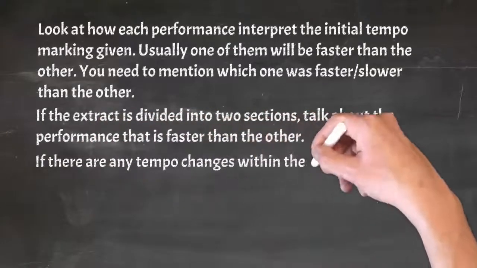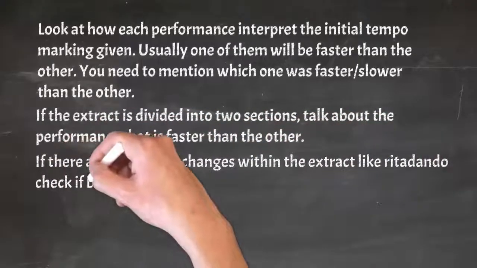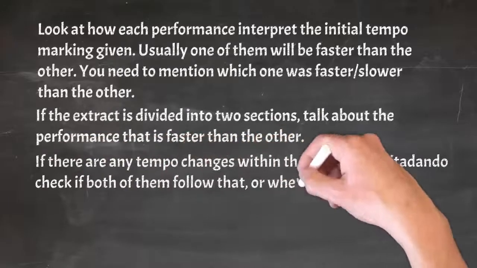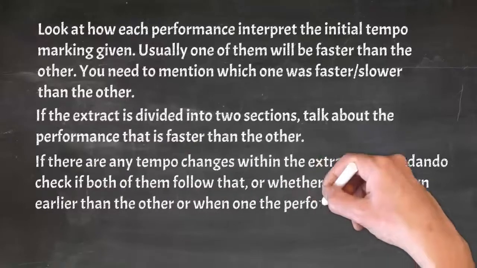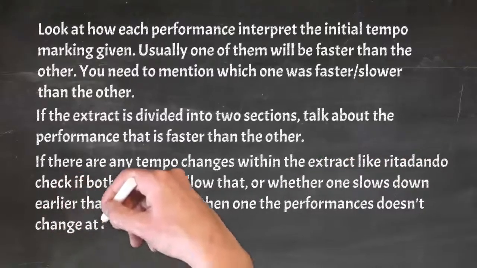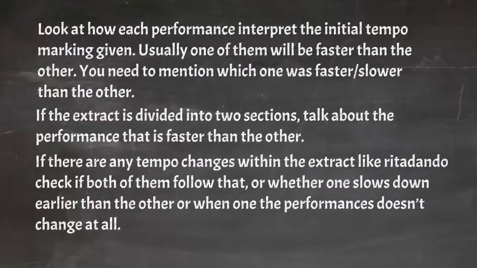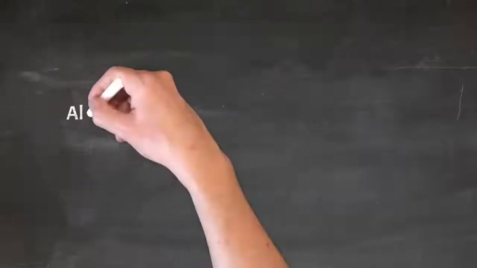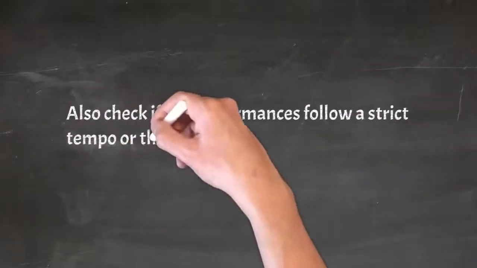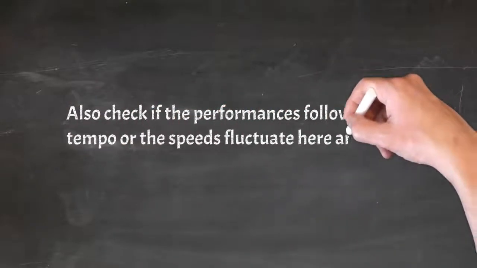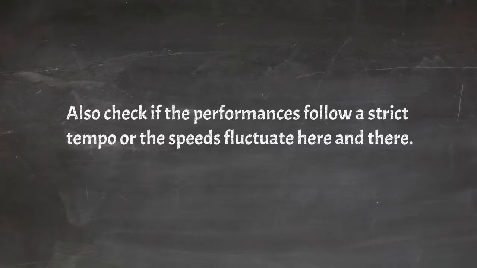If there are any tempo changes within the extract, like ritardando, check if both of the 2 performances follow that effectively, or whether one slows down earlier than the other, or whether one of the performances doesn't change at all. There's so much that you can talk about on tempo. Also check if the performances follow a strict tempo or the speed fluctuates here and there within the movement.